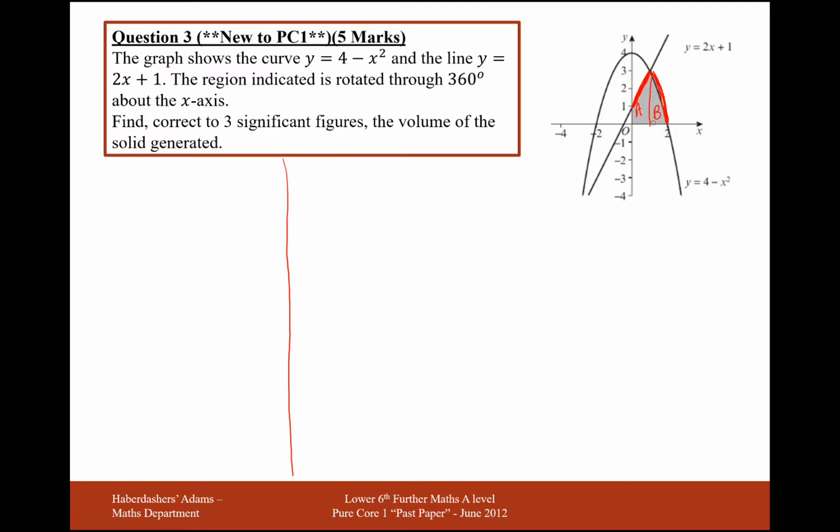What we have to do first is find this coordinate here, the x coordinate where the two graphs overlap. So we want to start by setting 2x plus 1 equal to 4 minus x squared. It's a quadratic, so take everything over onto one side and solve that quadratic.